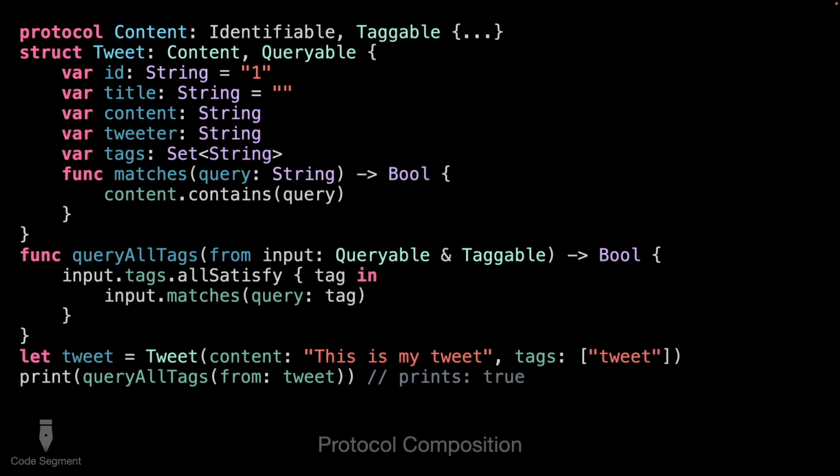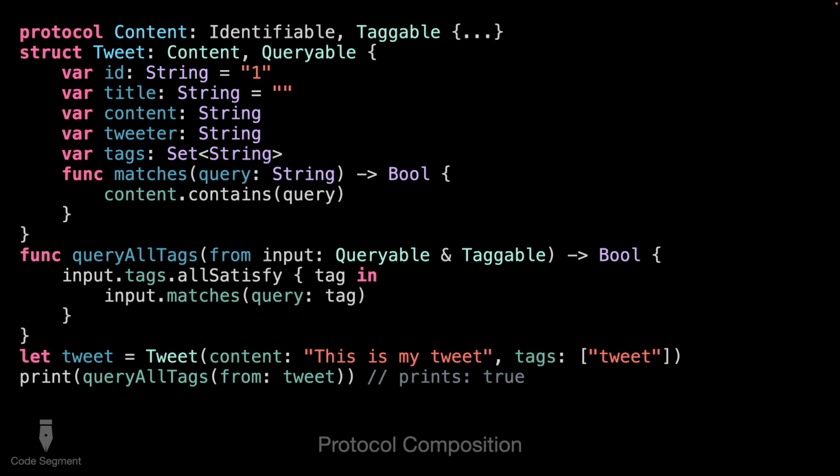Yeah. So because queryable here, the type, in the composition here, queryable is basically saying, hey, the input parameter is a type that adopts queryable. So whatever input is, it has this function, matches query, right? Guaranteed. And it also, because it's taggable, has the tags property, guaranteed.